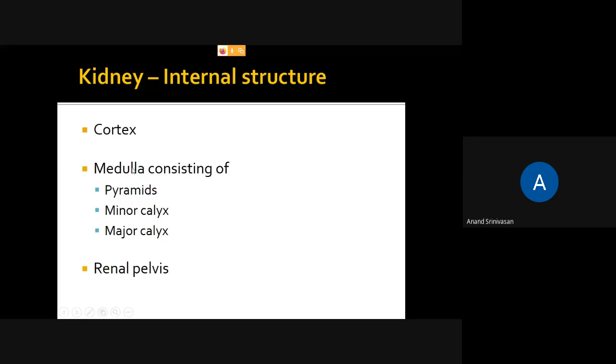The medulla is made up of these primary structures: pyramids, minor calyx, and major calyx. And from the medulla, there will be a collection of tubes which is called the renal pelvis. So all the tubules will be joined to form the renal pelvis. I'll be showing you a picture here.